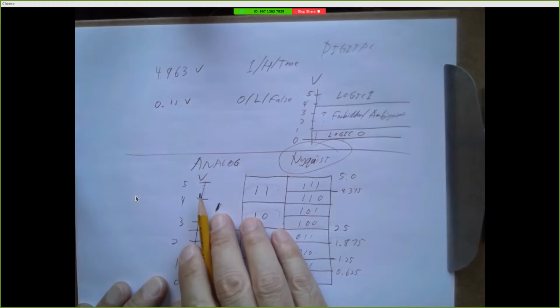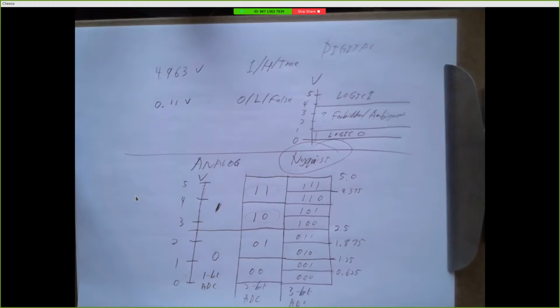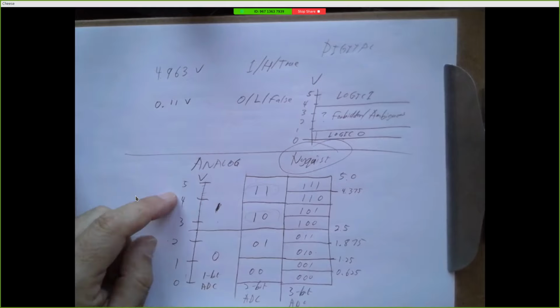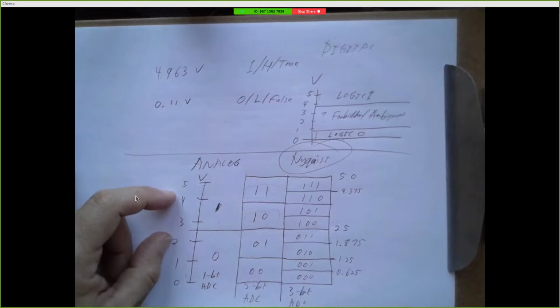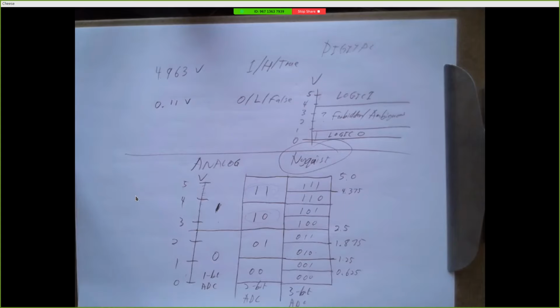So if your input signal is changing over time, how quickly do you need to sample it? If it's just a voltage level coming in and I sample it once a second, that might be fine. But if this is a waveform that's changing 8,000 times a second, I need to sample it more than 8,000 times a second, right? Because I want to catch all those little ups and downs.